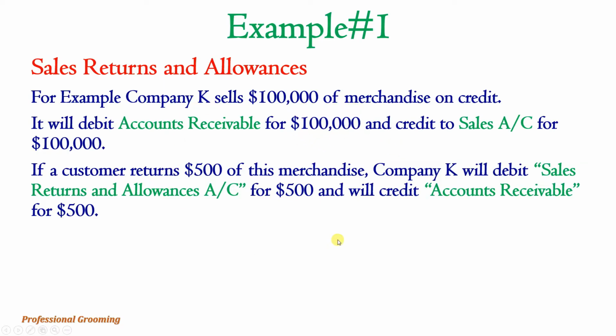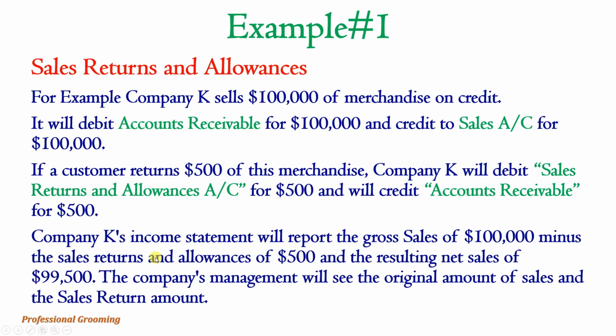At the end of the year, when we are making the reporting, company K's income statement will report the gross sales of 100,000 minus the sales returns and allowances of $500, and the resulting net sales of $99,500. The company's management will see the original amount of sales and the sales return amount. Both amounts will be visible on the reporting.